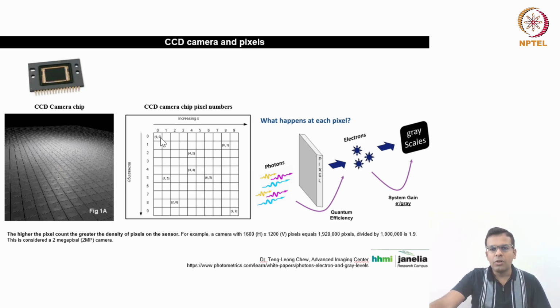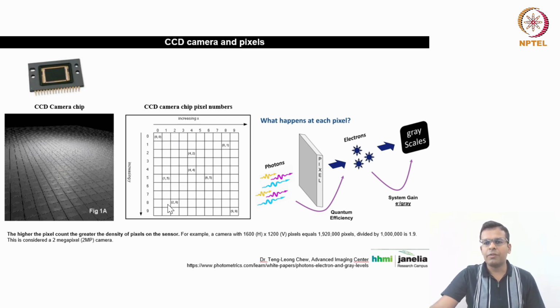So the computer knows, okay, at this 0 by 0 pixel there are only 5 electrons. Let's say in this 9 by 9 pixel there are 50 electrons. That means this pixel is 10 times brighter than that pixel. Okay, so the computer knows the electron counts of each of these pixels.